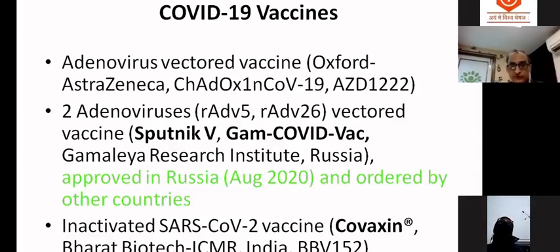The National Institute of Virology, Pune, isolated the strains of the coronavirus initially, way back in March and April. Then, in collaboration with Bharat Biotech, they developed this inactivated or killed vaccine. This is also going to be used in the Indian setup for the vaccination of healthcare individuals.